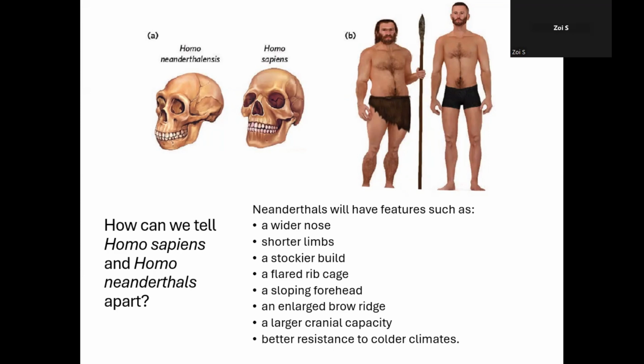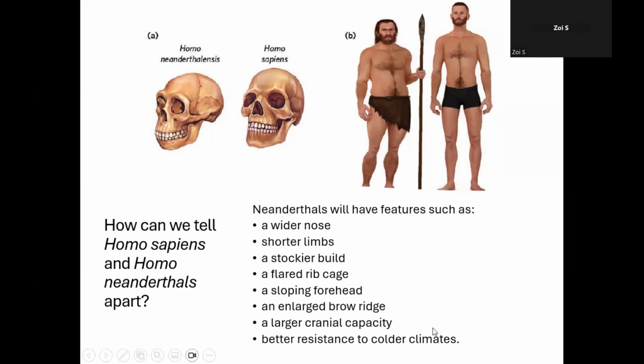And funny enough, Homo neanderthals actually had a larger cranial capacity, meaning some people have actually theorized that Homo neanderthals might have had a bigger brain than Homo sapiens. But since we can only find the cranial capacity and we can't exactly tell whether it's directly related to brain size or not, we can't exactly conclude that they had a bigger brain or anything.